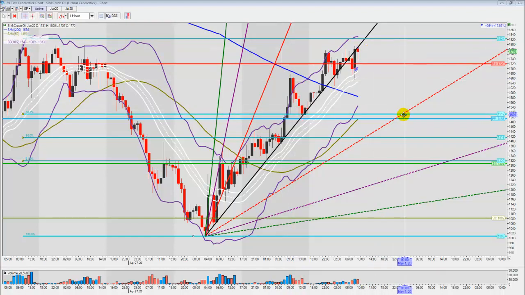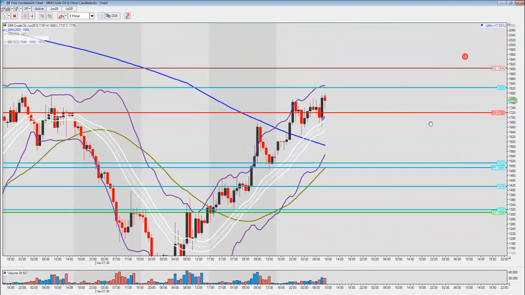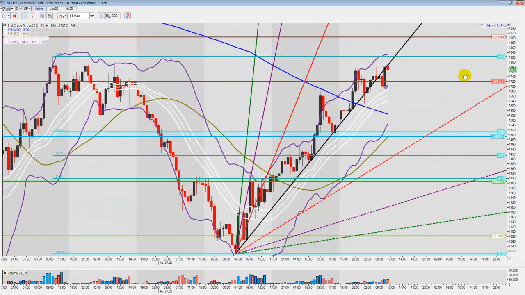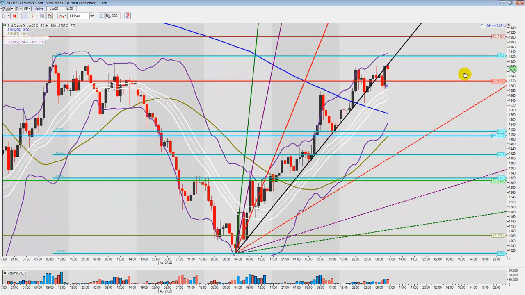Eventually it'll come back down into here. I mean, it might come down to here when the market's way up there though too. That's about as far as the market's going to show it right now, right? So pretty steep angle.